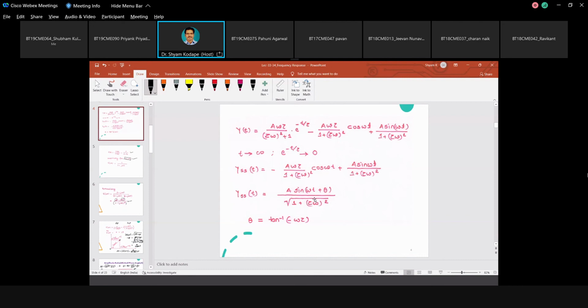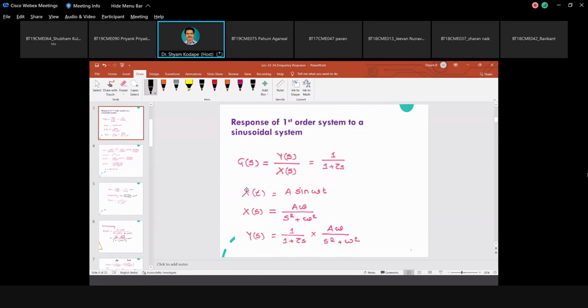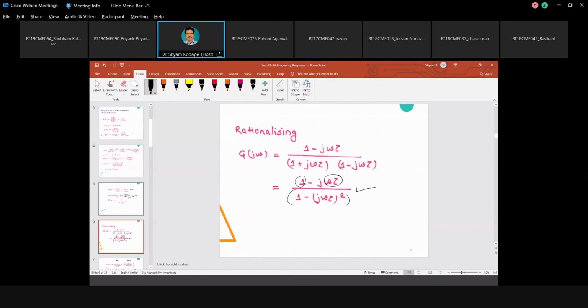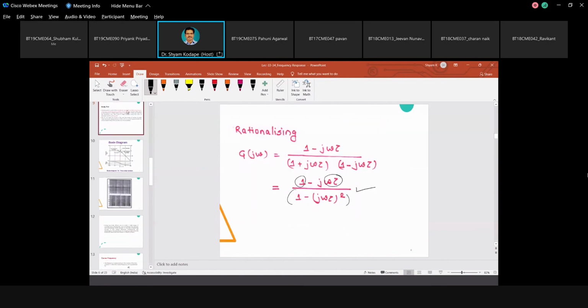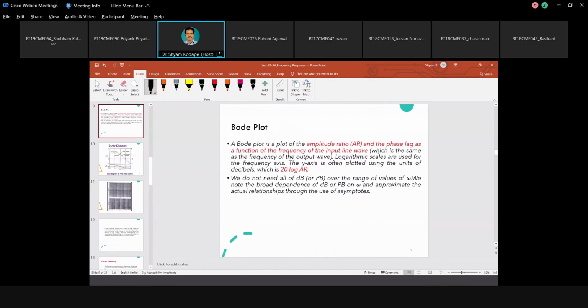So output amplitude is also a function of omega. Phase is also a function of omega. Similarly, the input x(t) is equal to a sin omega t. It is also a function of omega. So omega is common over here. Which is the same as the frequency of the output wave. Only the amplitude ratio changes there, it becomes smaller.